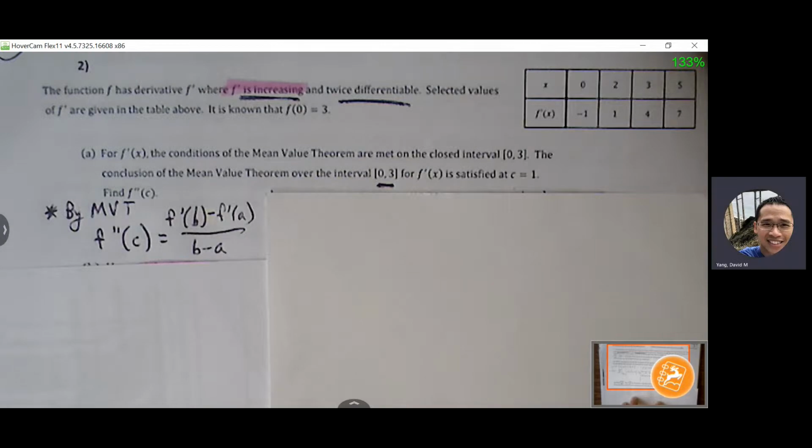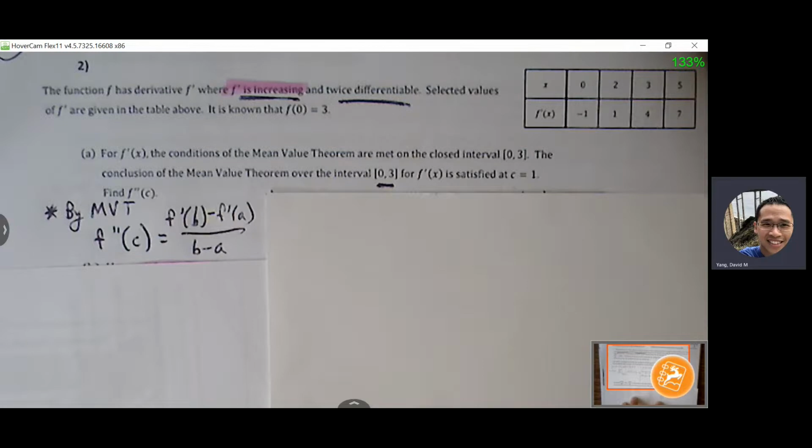Let mean value theorem be this being f double prime and find the slope of f prime. So whatever the slope is between the endpoints on my f prime graph, that slope is going to live somewhere on the curve. And we know that slope is going to live exactly at 1.